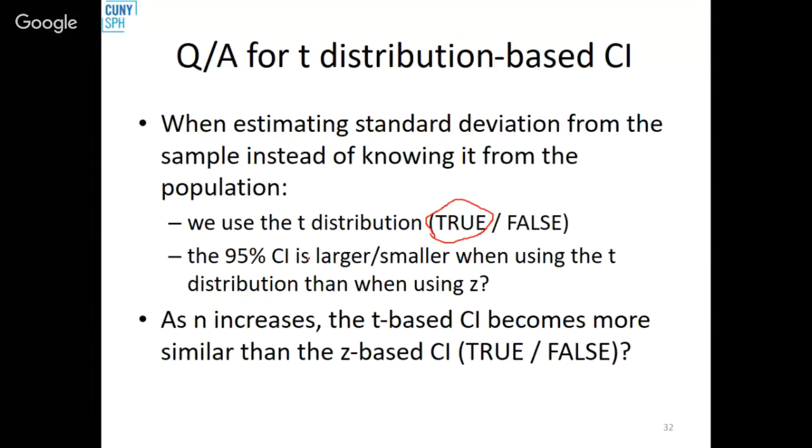Is the 95% confidence interval larger or smaller when using the t-distribution compared to when using a z-distribution? Larger, yes. As n increases, the t-based confidence interval becomes more similar to the z-based confidence interval. True or false? True. Very good.